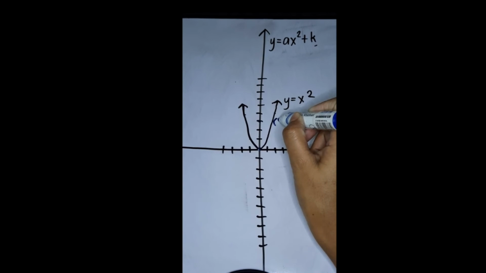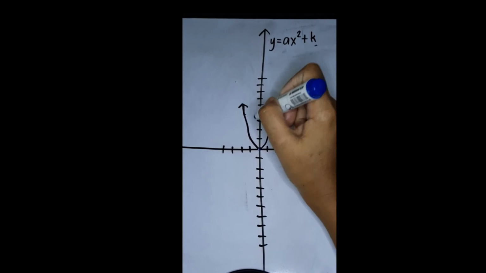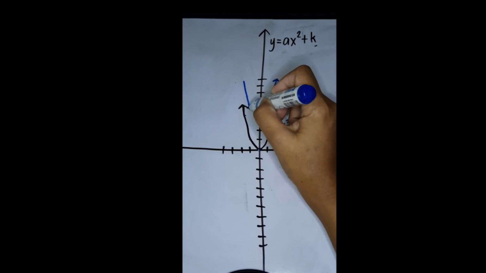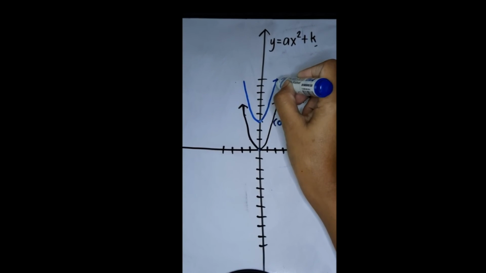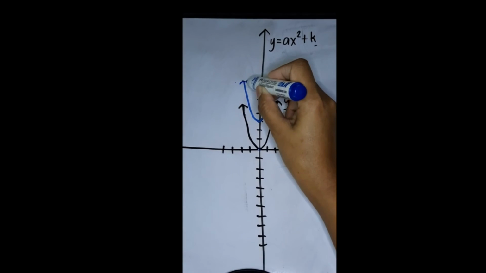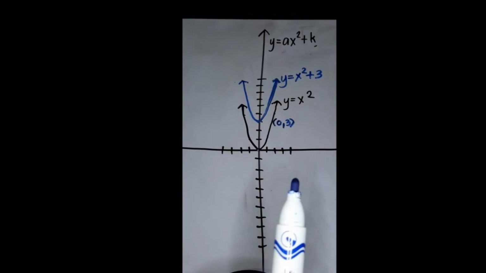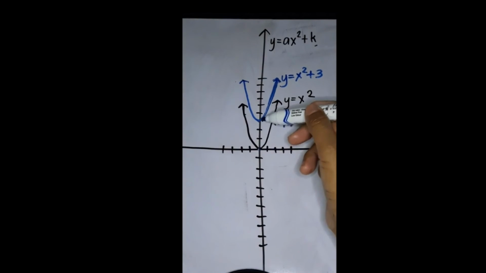Ang magiging vertex na natin is at 0, 3. So of course, upwards pa rin ang opening ng graph natin. Same amount of opening. Kung gaano kaluwang yung unang parabola natin, dapat ganun din dito sa pangalawa. Therefore, the equation would become y is equal to x squared plus 3. Okay, shinif lang natin 3 units upward.